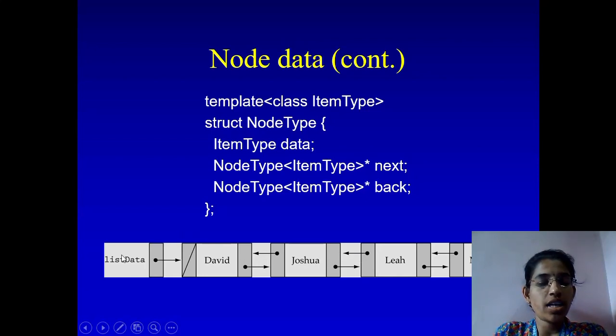This is the list. This is my starting node, that means the head node. The head node points to David. The final node has no next pointer; here we have only null.